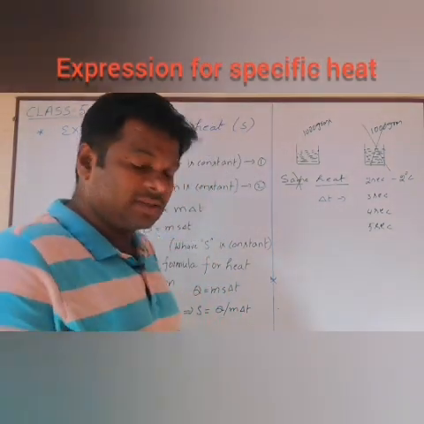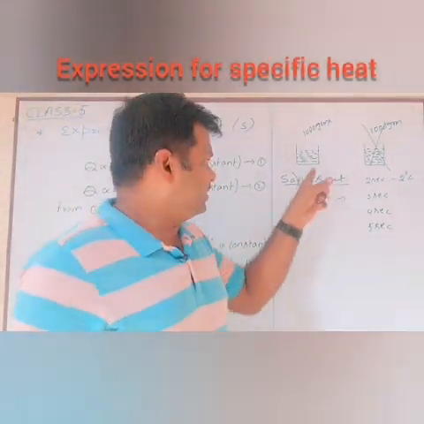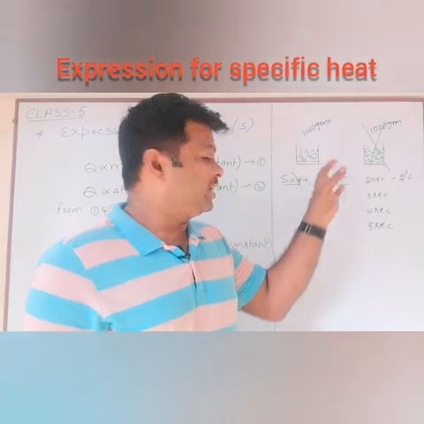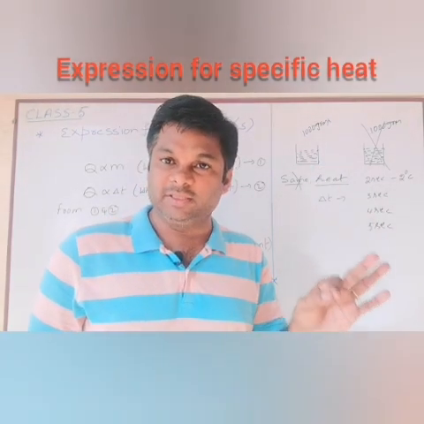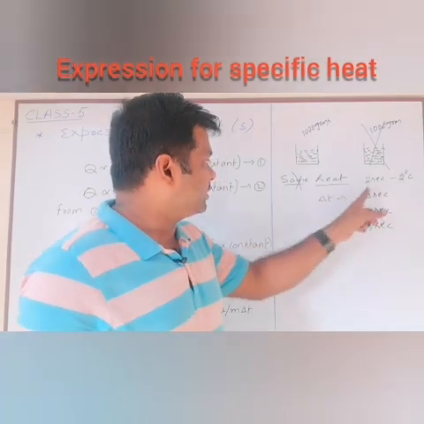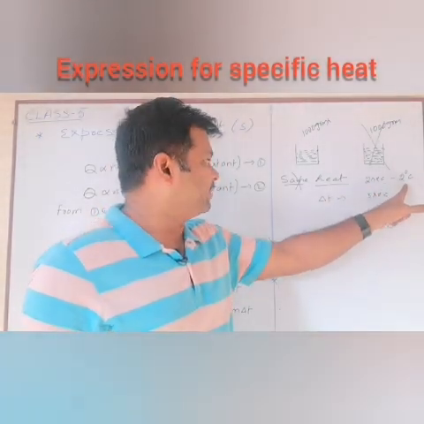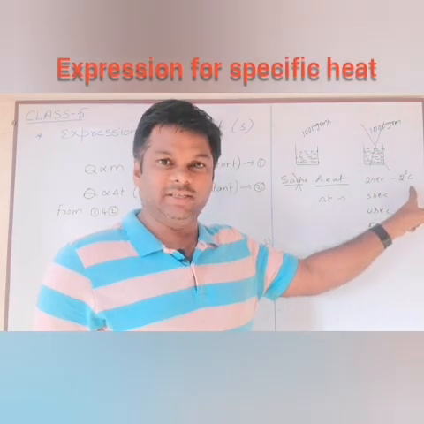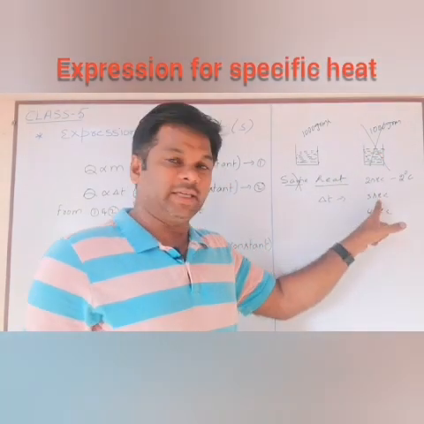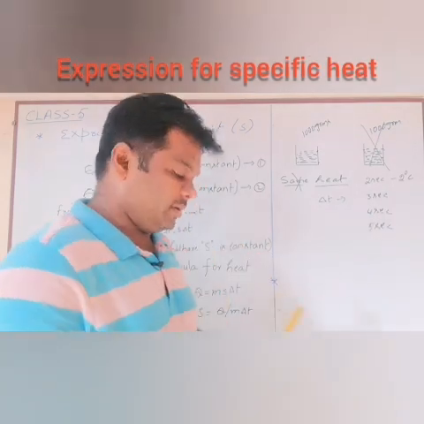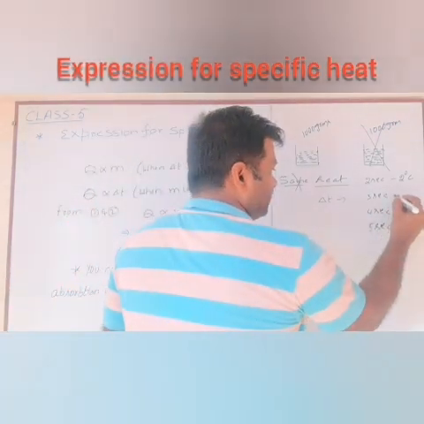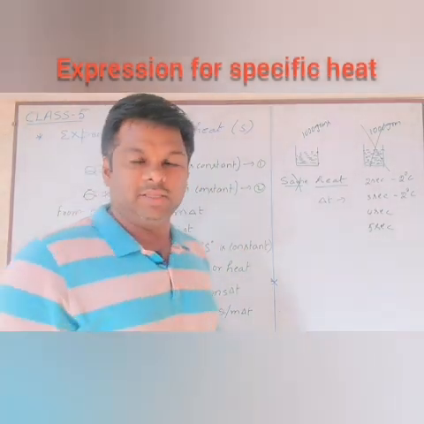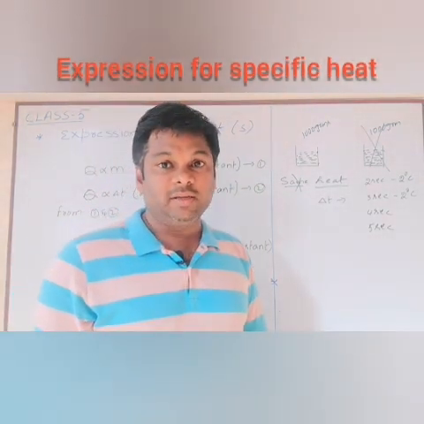Initial temperature is 21, because the beaker is kept in a room and room temperature is 21. After 2 seconds I observed 23, that is, the difference is 2 degrees centigrade. And after the third second, I observed the change in temperature is 2 degrees centigrade.